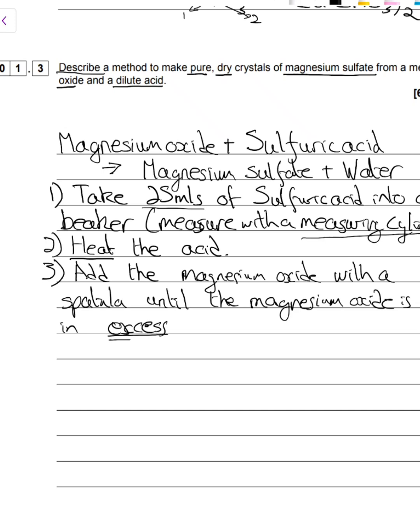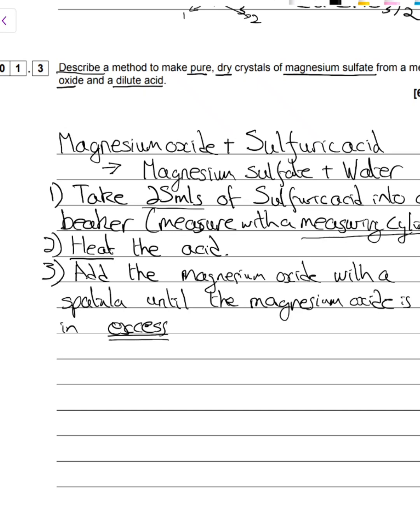That's a very important term, in excess. So that means that every time we're adding the magnesium oxide, it's reacting. It looks like it's disappearing, but I wouldn't say the word disappear. You just keep adding it while it reacts, and then eventually there'll be powder left, whatever color magnesium oxide powder is, I forget now, but there'll be powder left behind. But you can just say until the magnesium oxide is in excess.